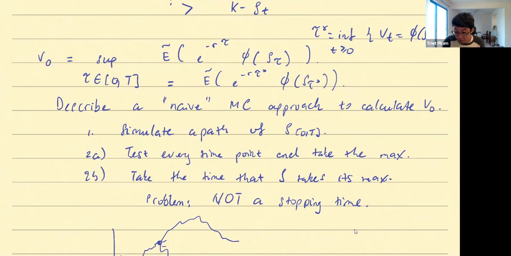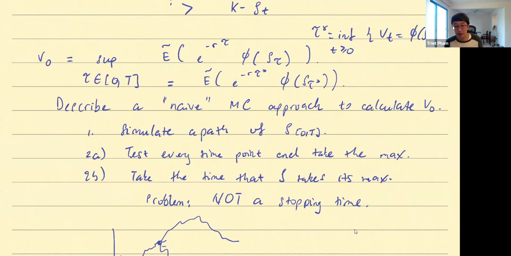When you say that it's the first time that the value process equals the payoff, by the way, this is known. By simulating the path of this, you know this. But exactly this is the unknown object to begin with. So by saying that this is the first time the value process is equal to the payoff function, but this is unknown, that defeats the purpose.